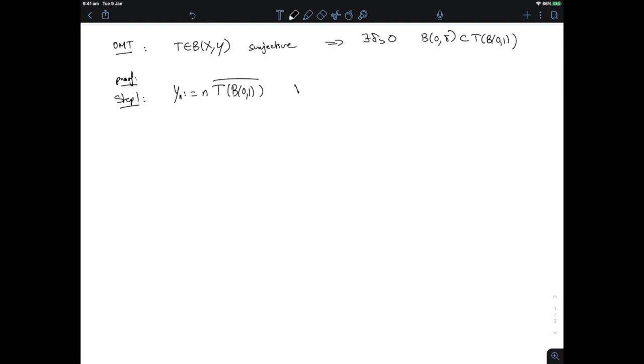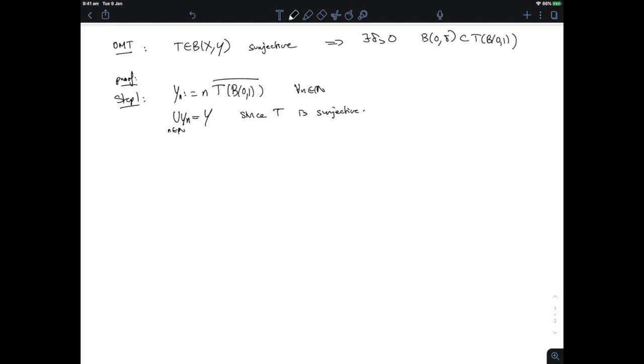So I'm defining these sets for all n. Now they're obviously closed sets because I'm taking a closure. And now I can tell you that the union of all the Y_n is all of Y, right? Because T is surjective.